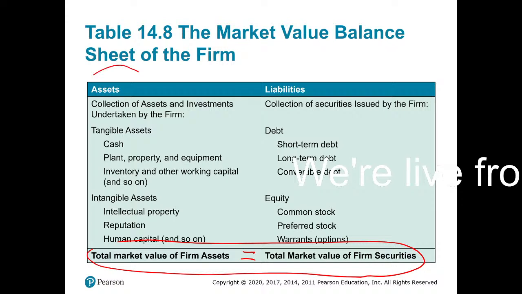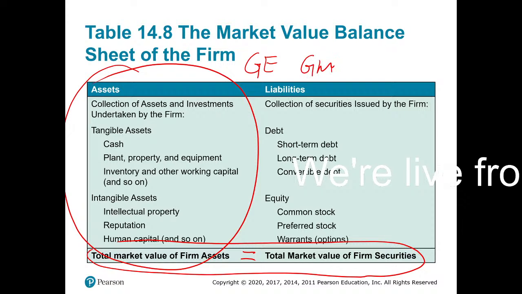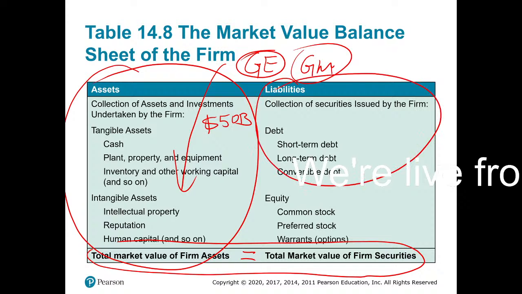And if you figure out, let's say for GE or GM or 3M or any company, the market value of their assets, suppose the market value of assets is 50 billion, and the company has liabilities of 20 billion, what is the equity value? 30 billion, right?